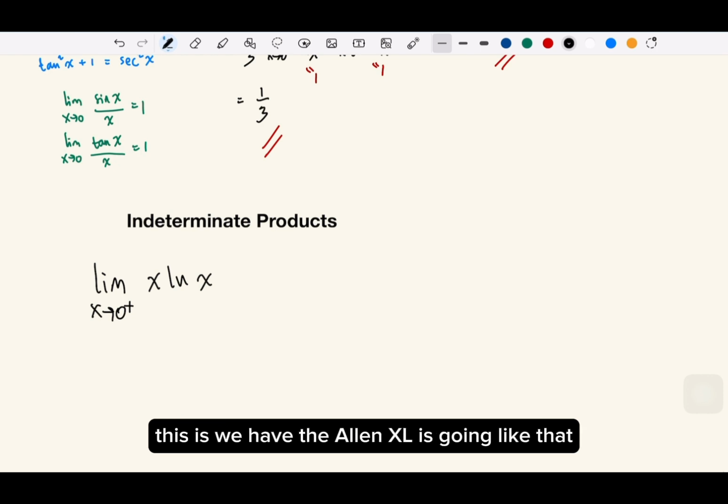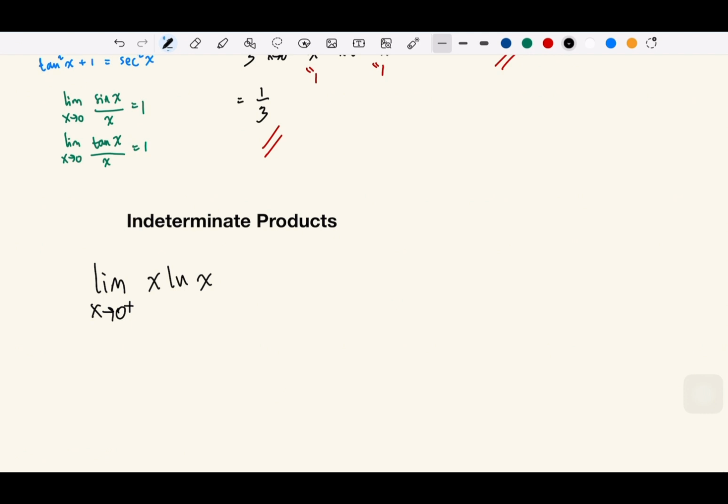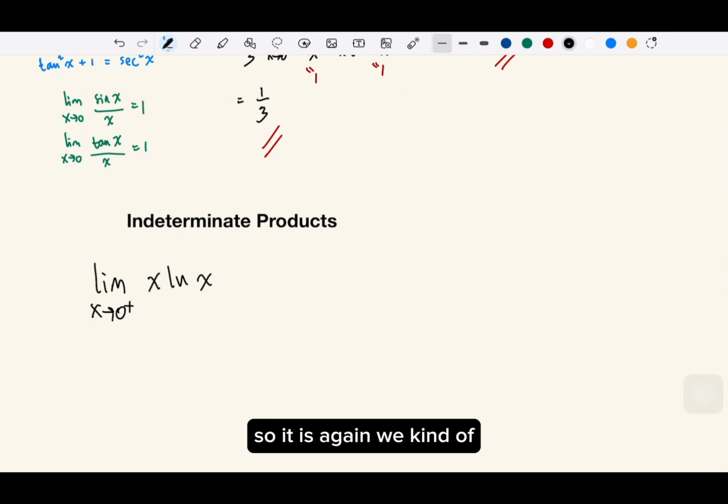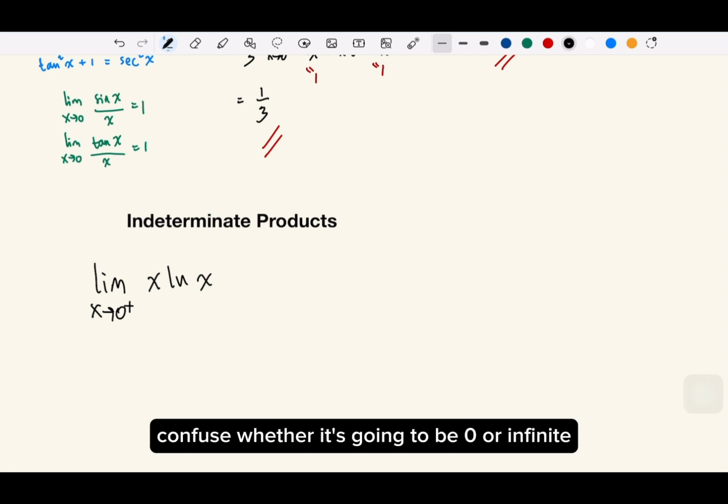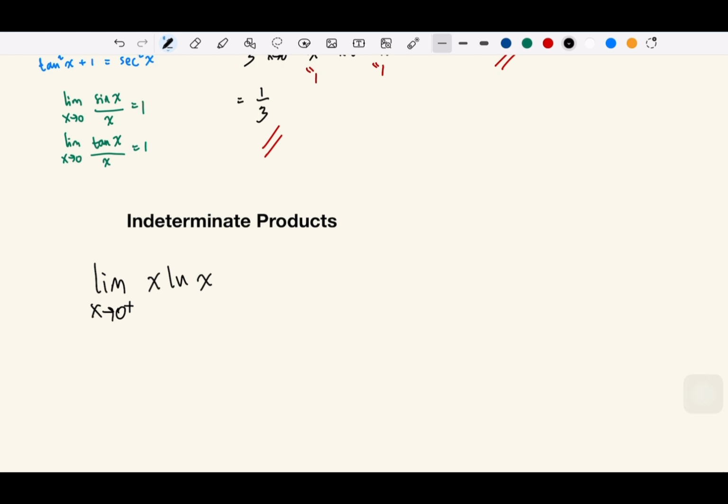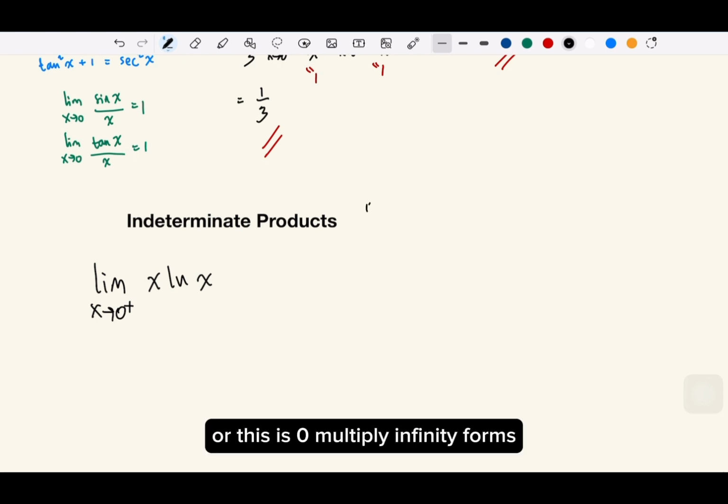We can imagine that it approaches from the right. X is 0, ln 0 is infinity. So again, we are confused whether it's going to be 0 or infinity. So we call this indeterminate products, or this is the 0 multiplied by infinity form.